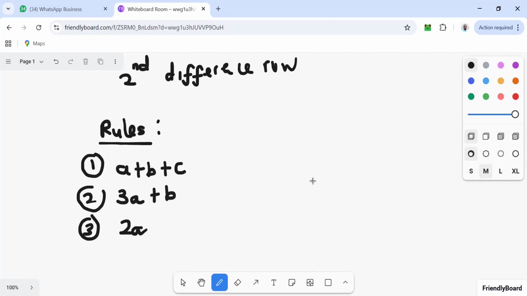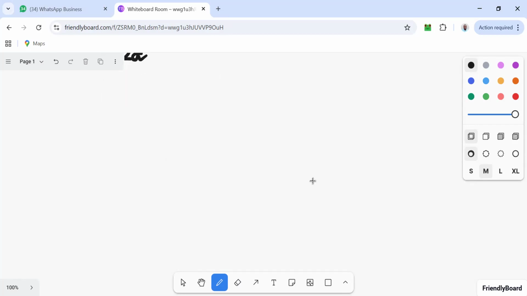So I'm going to write this quadratic number pattern: 2, 5, 10, 17, 26.